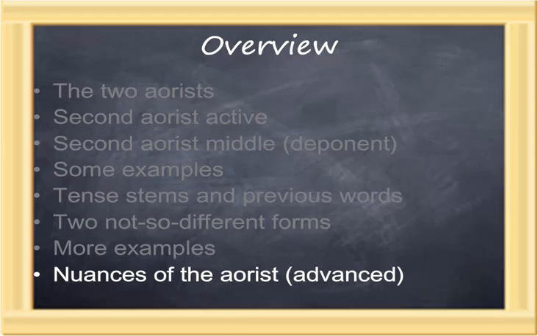When translating the aorist, we often use the simple past. But remember, the aorist is undefined action in the past. And so depending on context, it can carry a number of rather interesting nuances beyond just the simple past. This is an advanced topic, but consider these examples.